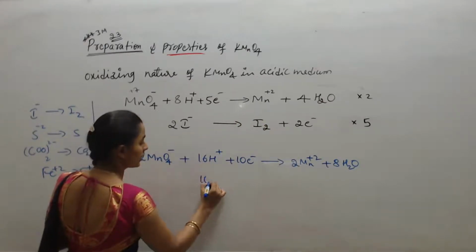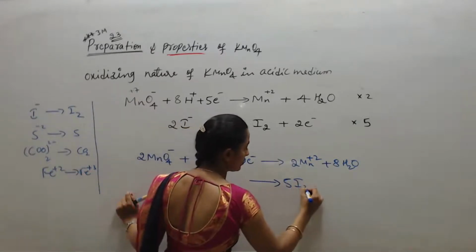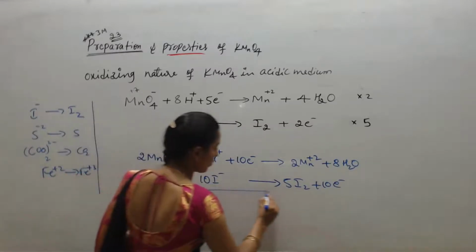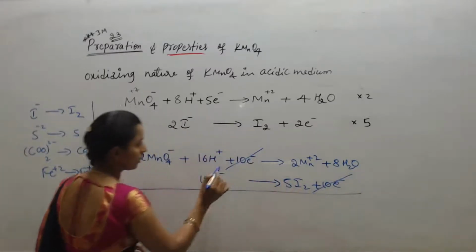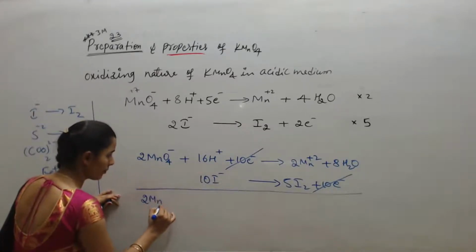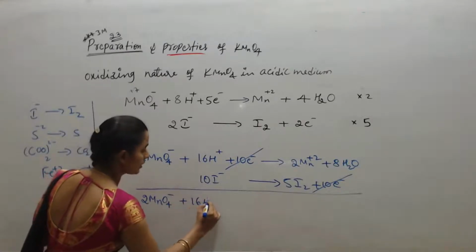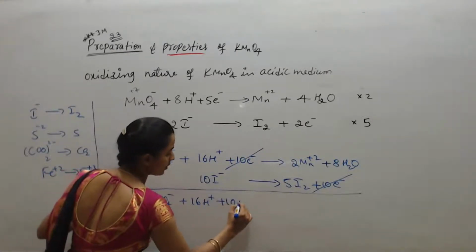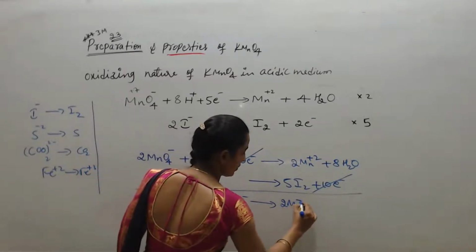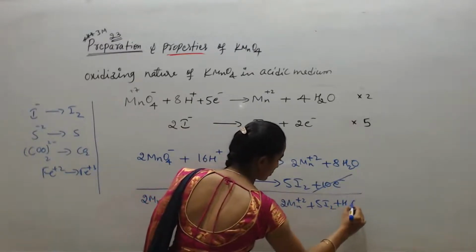Second one, 10I- changes to 5I2 plus 10 electrons. So on both sides the electrons are equal. Then this is 2MnO4- plus 16H+ plus 10I- gives rise to 2Mn2+ plus 5I2 plus 8H2O.